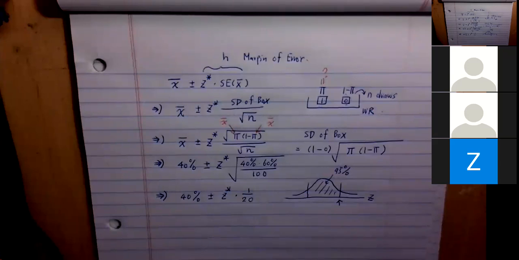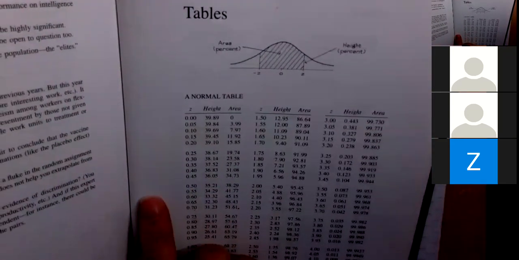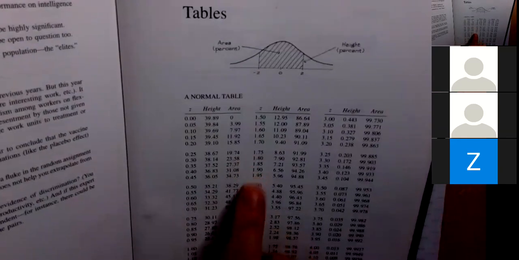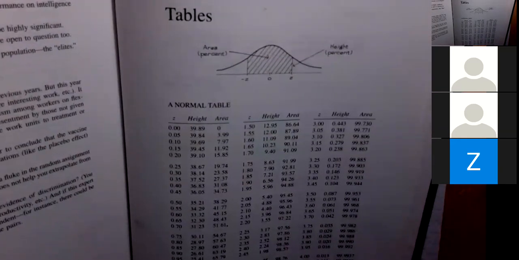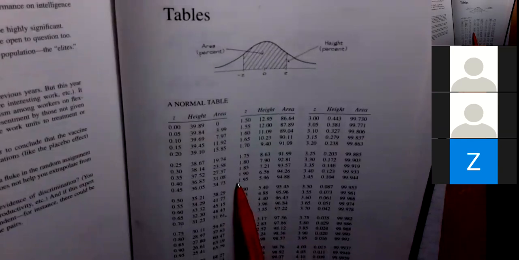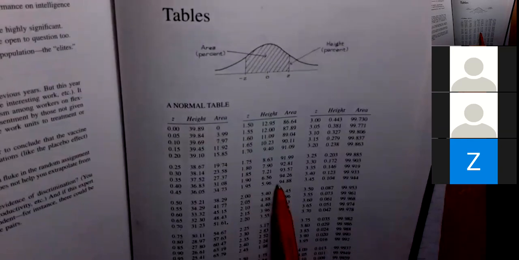And I also show you in the book, okay? Please look, this is our book. 1.95, do you read that? You move horizontally, what do you find?